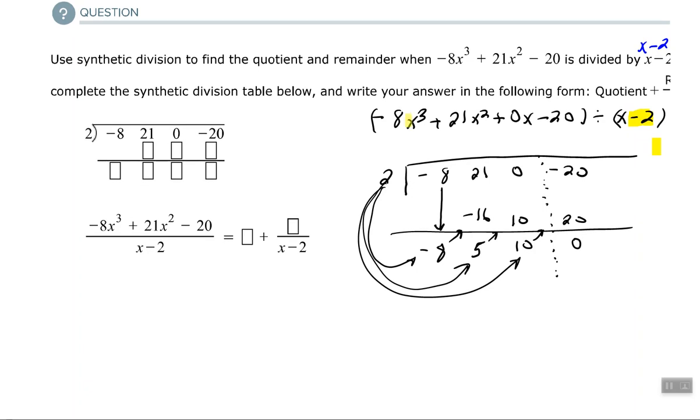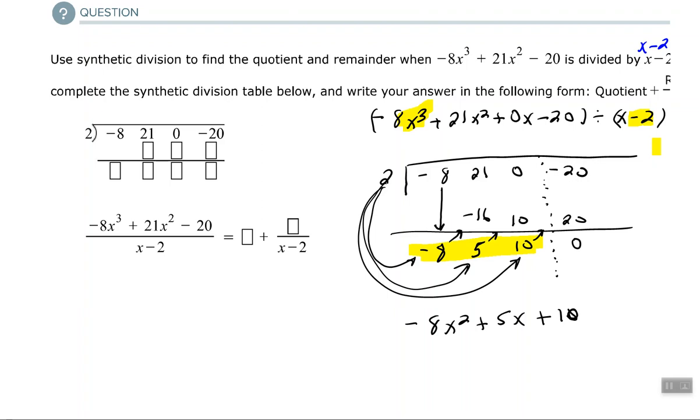Okay, so I see that my dividend started off with x to the third, so my quotient will start off with the exponent 1 smaller than that one, using these numbers as my coefficients. So negative 8x squared plus 5x plus 10.